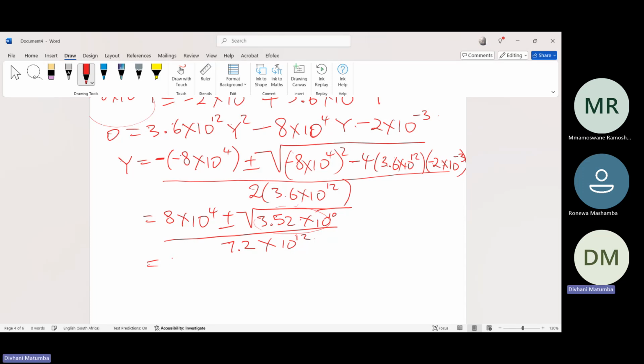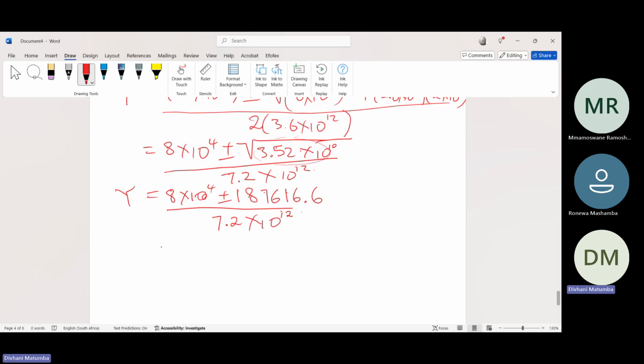So the value of y was 8 times 10 to the power of 4 plus or minus, I got 18,761.6, all divided by 7.2 times 10 to the power of 12. As you can see, I'm going to have two values of y.